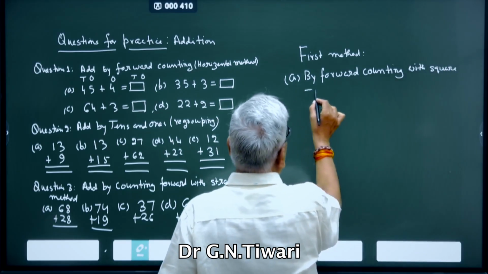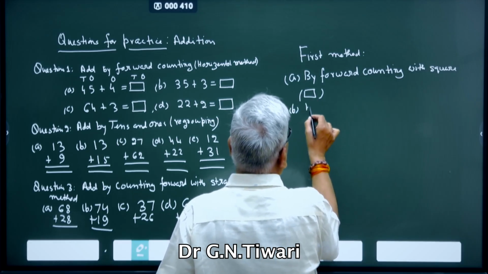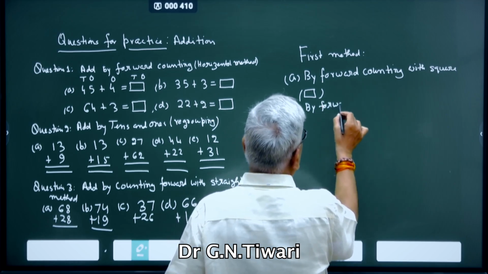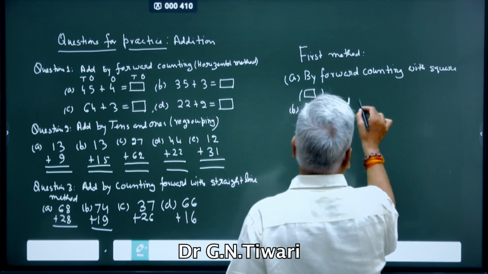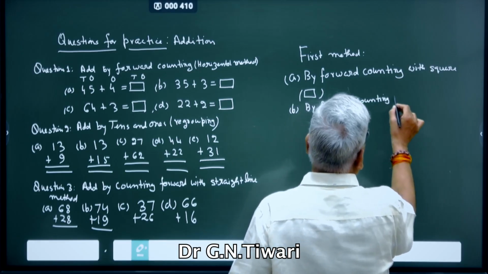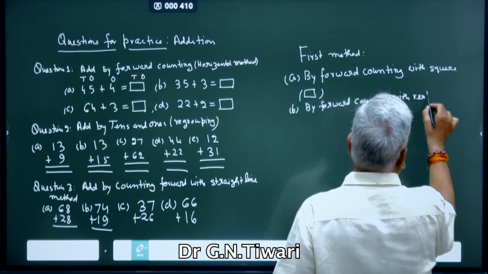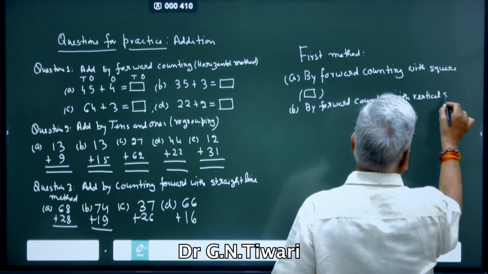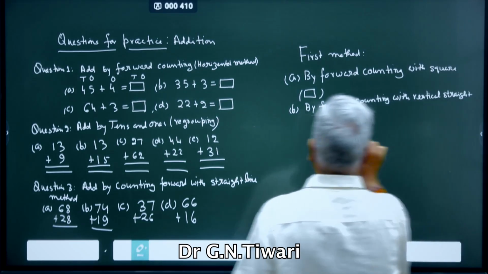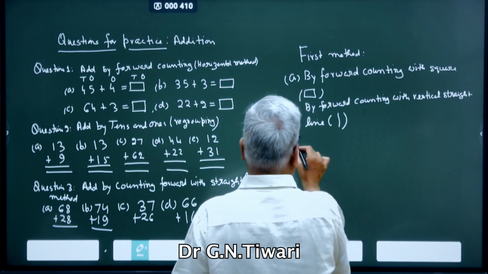B: by forward counting with a vertical straight line, just like this.